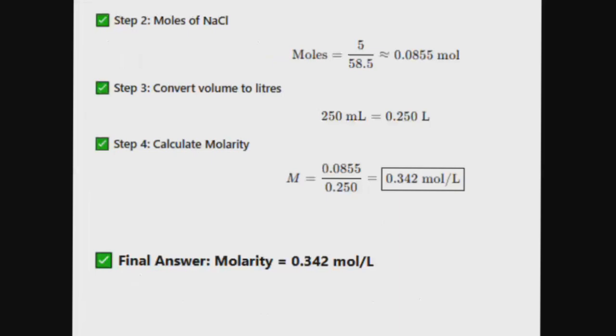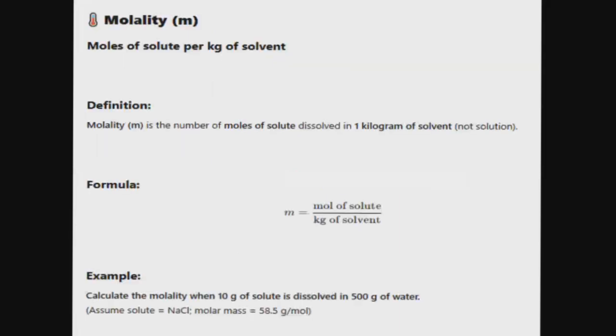Now the formula for this is moles of solute divided by kilograms of solvent. If you're asked to calculate the molality when 10 grams of solute is dissolved in 500 grams of water, assume the solute is sodium chloride with molar mass 58.5 grams per mole.